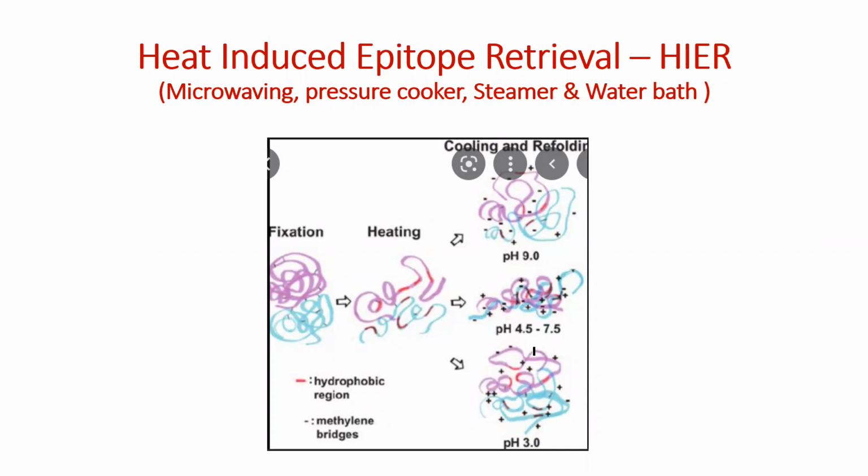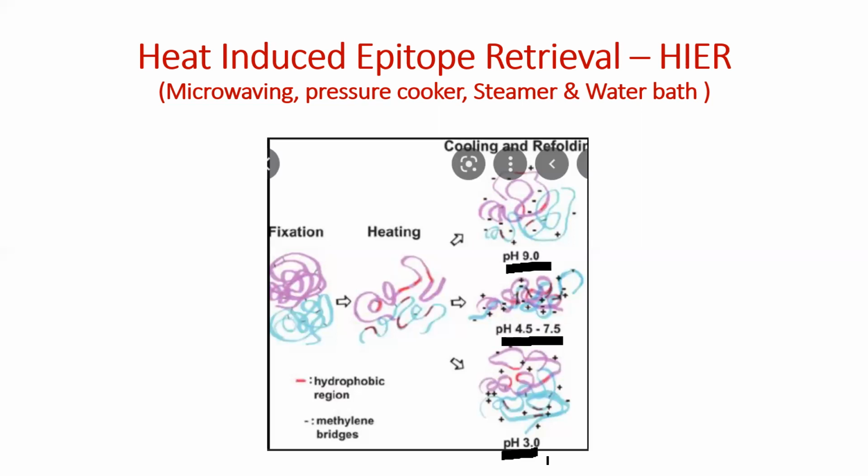Not only cooling, but we will also ensure to subject it to various pH. At different pH, different proteins will refold into their actual shapes. So by cooling and maintaining various optimum pHs, we can bring back the original shape of the antigen that we want to detect.